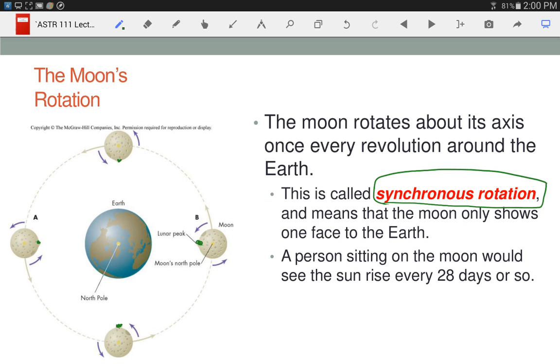It librates. The libration is the slight changes in the viewing angle we see because its speed is speeding up and slowing down while its rotation is constant. So it's not a very big effect, but there are animations you can look at to show you how you have that small libration in what you see.